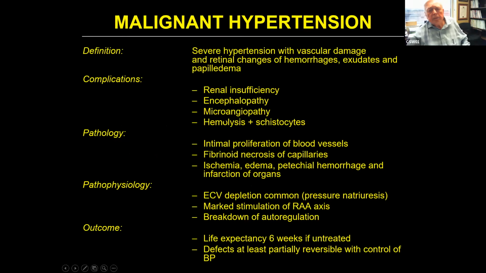So malignant hypertension, it's a horrible term because malignant we really reserve nowadays for a special form of cancer after all, which this is not. But nobody's come up with a really very satisfactory alternative, so that's what we'll use. It's severe hypertension with vascular damage and retinal changes of hemorrhages, exudates, and papilledema.